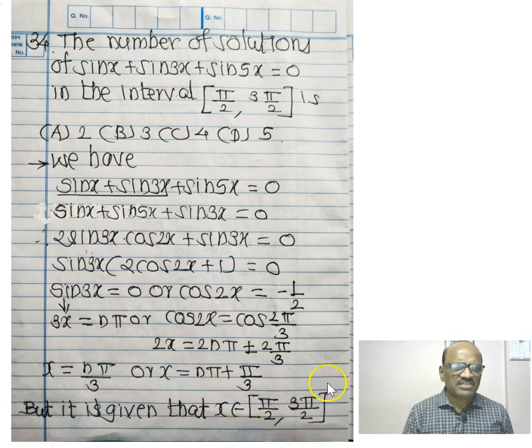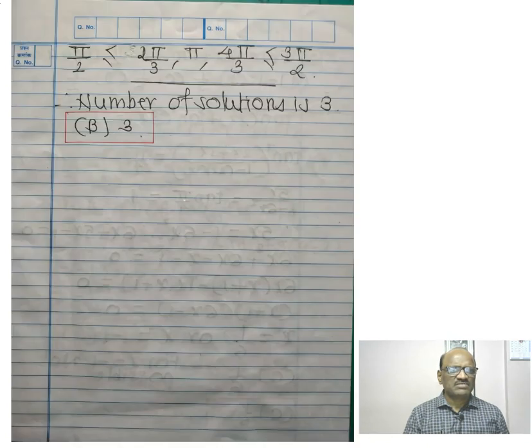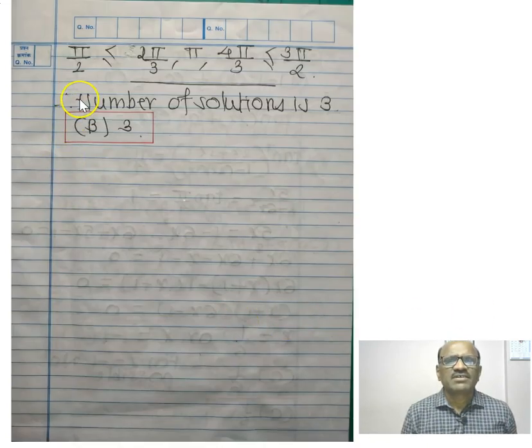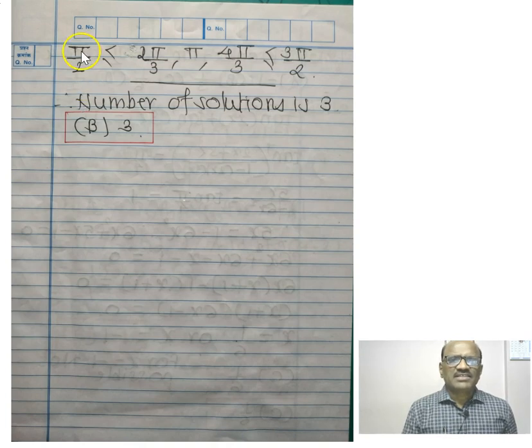But we have been given this interval, and in this interval which terms will be there? Then sin x will be 0, and the value of cos x is minus 1 upon 2. Now see this. Our interval is pi by 2 to 3 pi by 2.